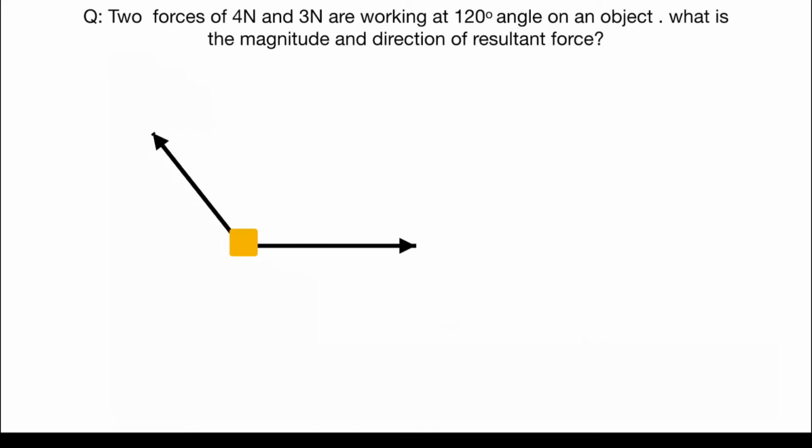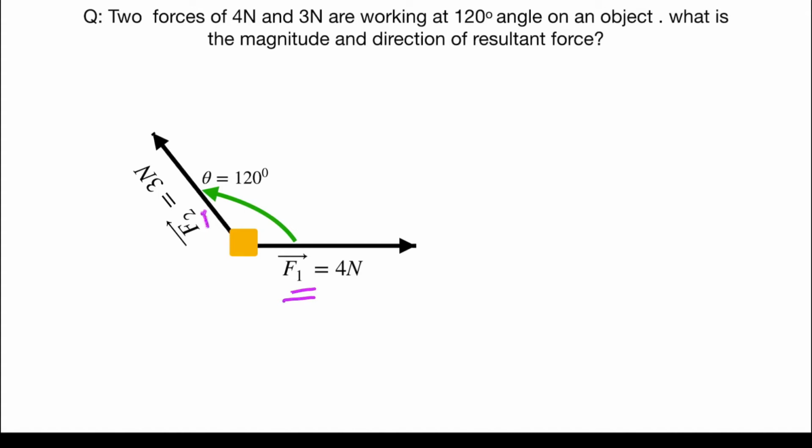So two forces of 4 Newton and 3 Newtons are working at a 120-degree angle on an object. Here the vector A is the force F1 and the vector B is the force F2. The angle between these two vectors is 120 degrees.